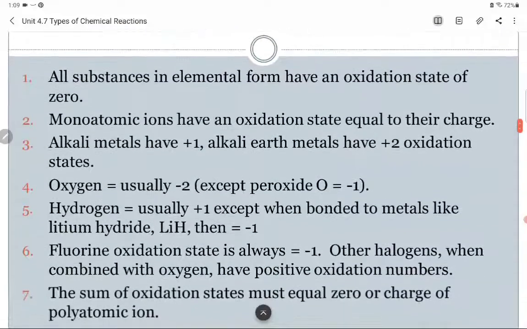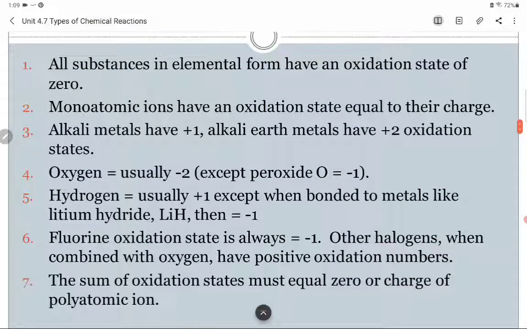Okay, now you must follow these rules in sequence, not out of sequence, in sequence. So if there is an elemental in the chemical reaction, we're going to assign it an oxidation state of 0. What are elementals?